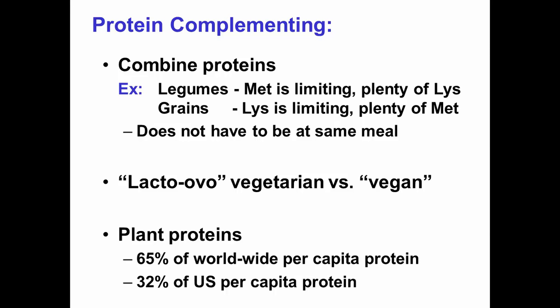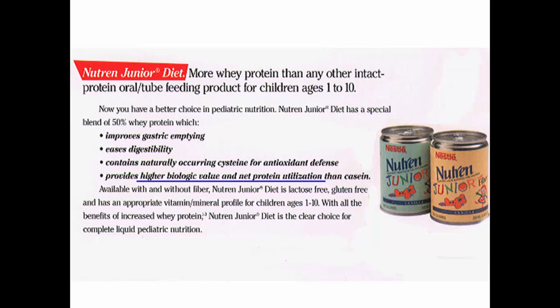Plant proteins, and just to note, most of the world is consuming plant protein as the primary source of protein, and it's the U.S. that has been traditionally much lower in terms of our consumption of vegetable protein. Although I hope and do believe that is changing as people are becoming more open to different ways of eating.